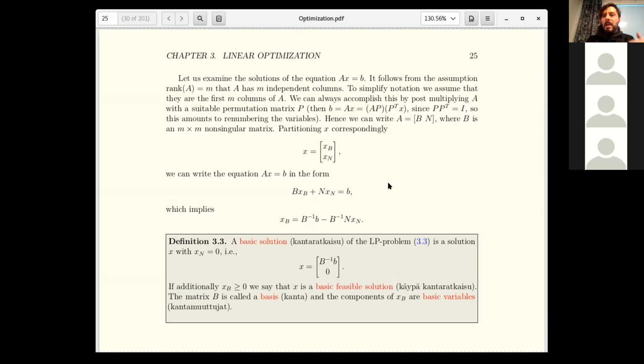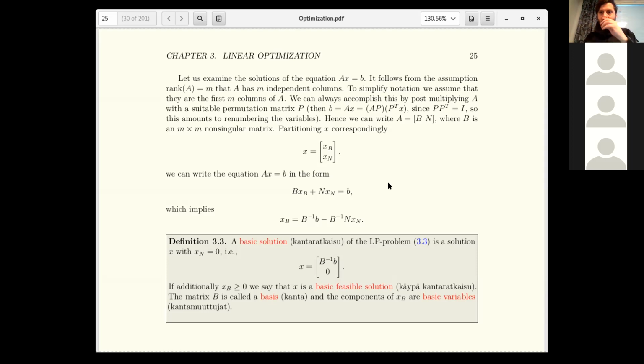Now this B matrix is non-singular, so because it is non-singular, we can take the inverse of that. So we can solve this for XB if we know what XN is.